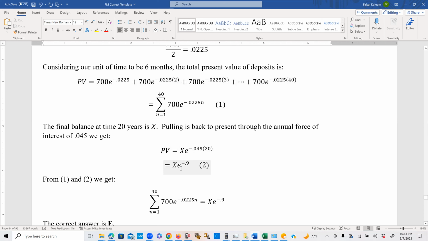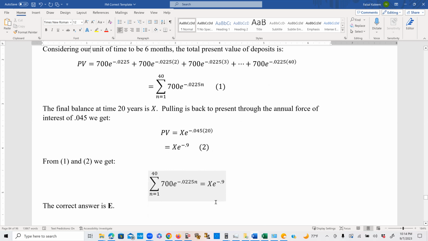So this gives us X e to the minus 0.9, which was the right-hand side. The equation of value was the present value of deposits, the left side, equals the present value of the balance, and that was choice E.